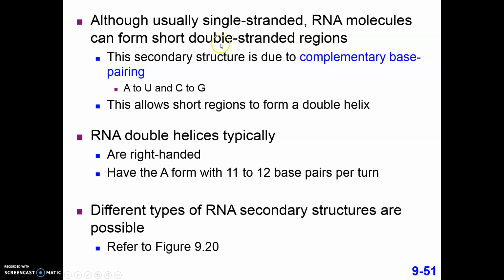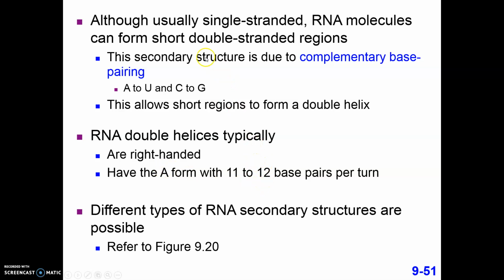And these usually come to be by a single strand of the RNA having a complementary inverted sequence somewhere later down that can bind to itself. This allows for short regions to form a double helix. As I said before, this tends to take the A form, so it's slightly more compressed.